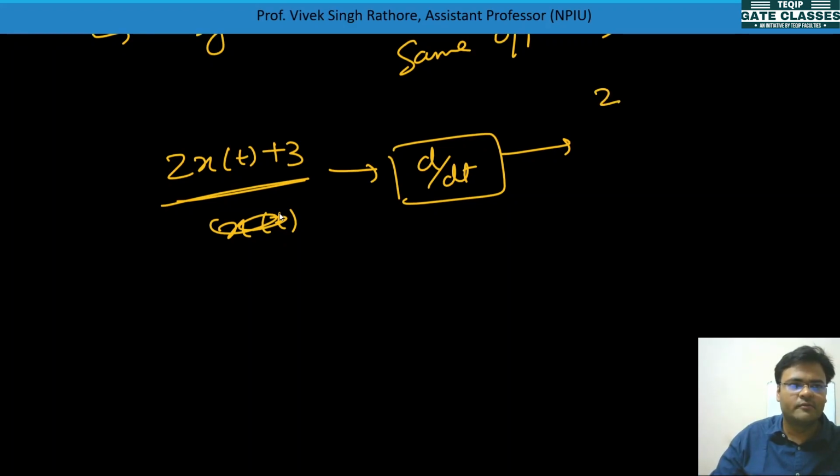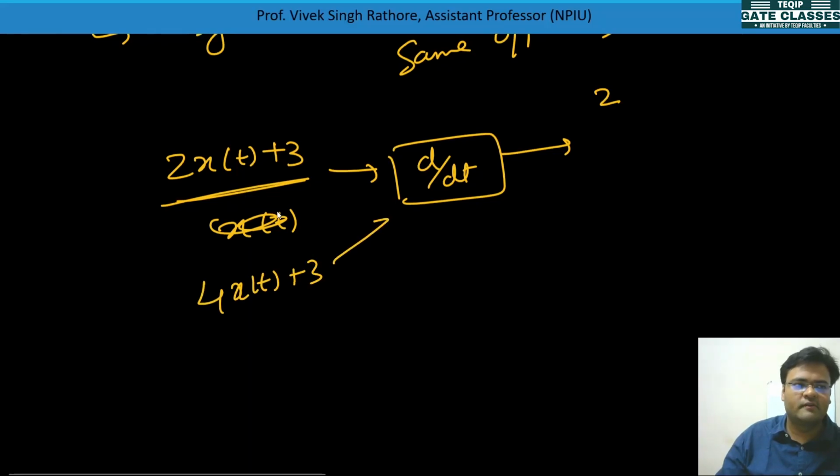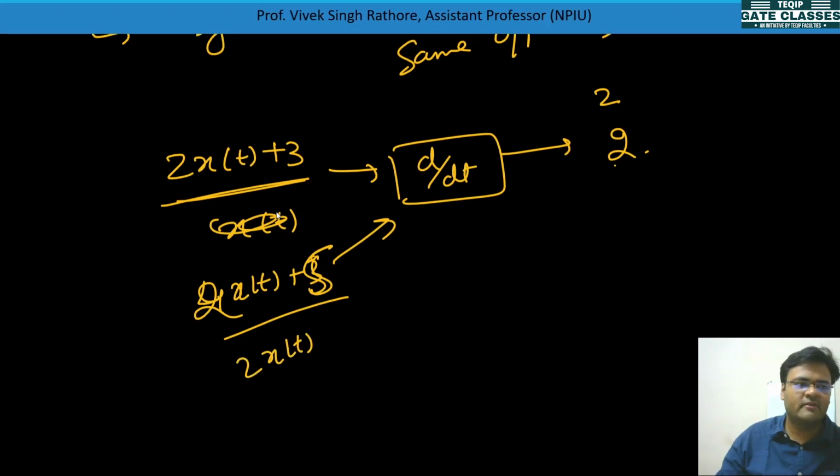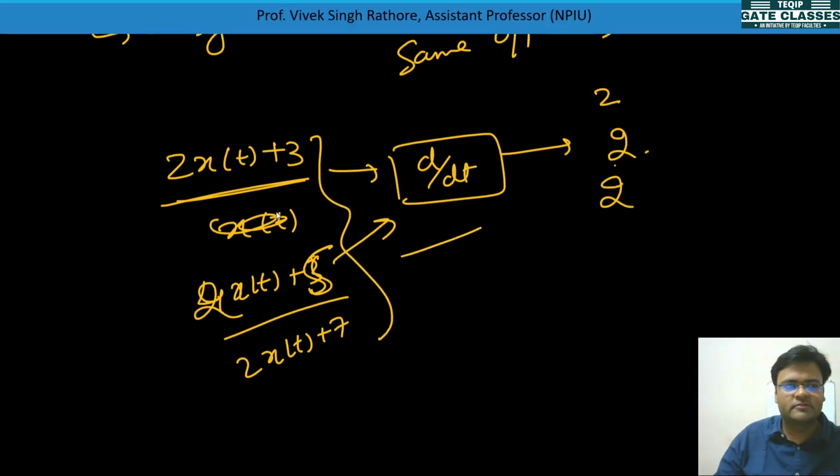You will get 2. If I tell you 2x(t) plus 5, you will tell the answer is 2. If I tell you 2x(t) plus 7, you will tell the answer is 2. So if more than one input is producing the same output, it will be a non-invertible system.